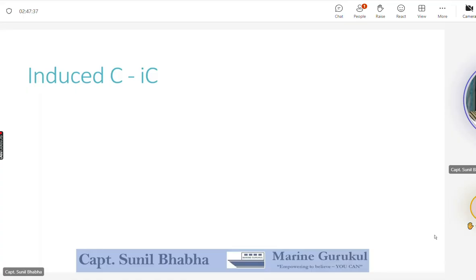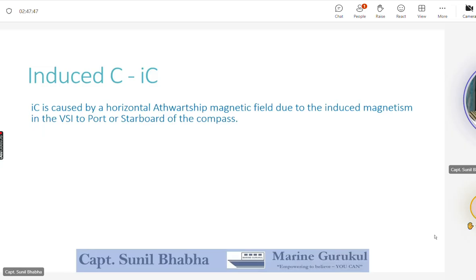Let's now move on to the second component of coefficient C, coefficient Charlie, which is induced C, in short known as IC. IC, or induced C, is caused by a horizontal outward-ship magnetic field due to the induced magnetism in the vertical soft iron to port or to starboard of the compass location.